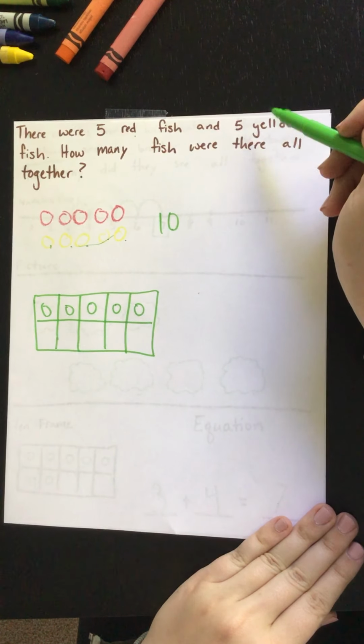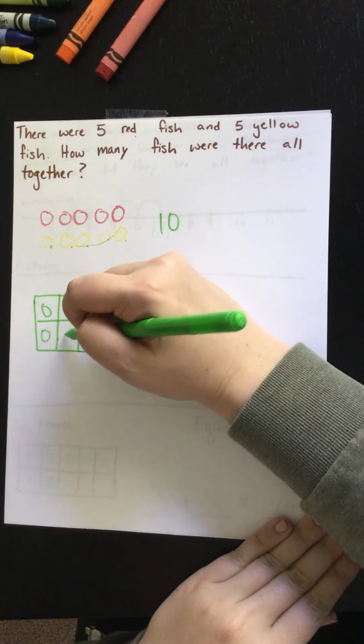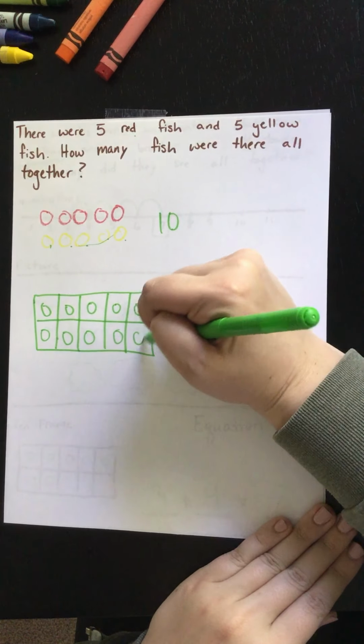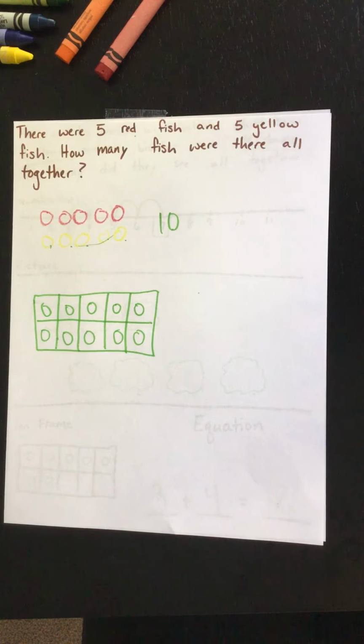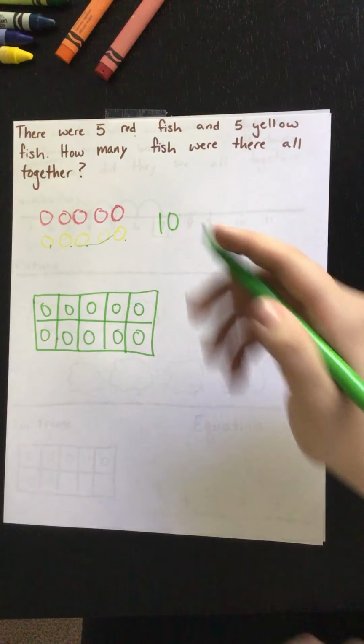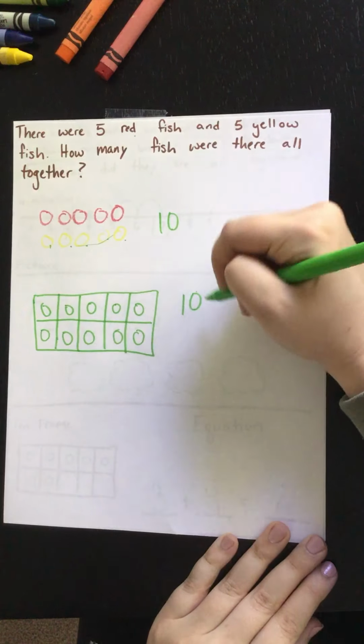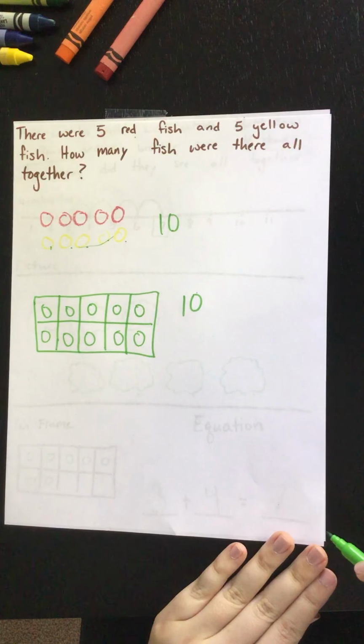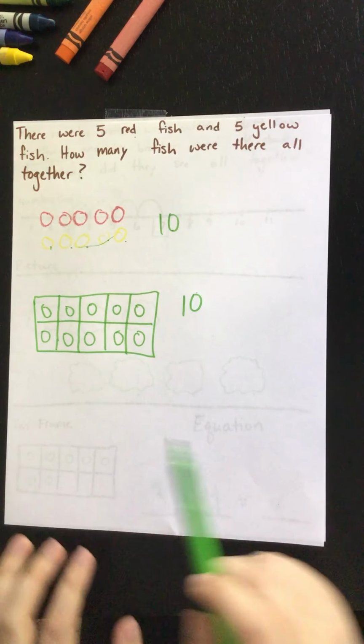How many yellow fish? 1, 2, 3, 4, 5. Look at that 10 frame, it's all the way full. We know that when a 10 frame is full and there's no empty spots, that there are 10 inside of the 10 frame. So we got 10 again. So our numbers match. Let's do it one more way to make sure that our numbers match.